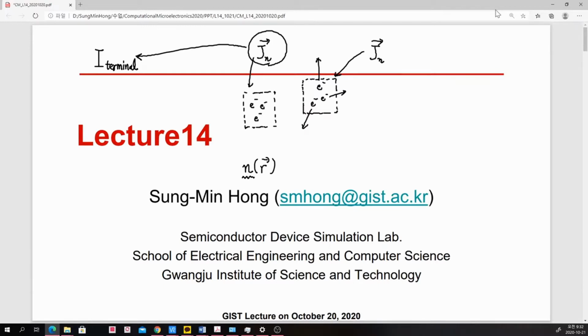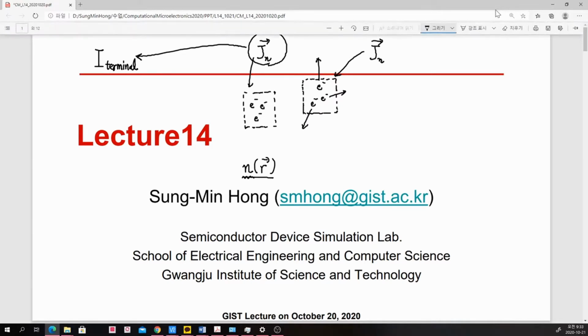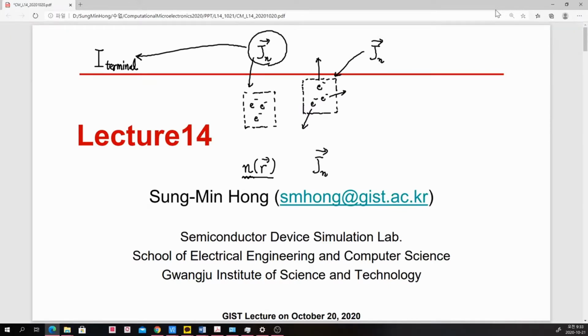So sometimes we feel that the distribution function itself is not required for our simulation purpose. We just want to know electron density, of course, and current density.